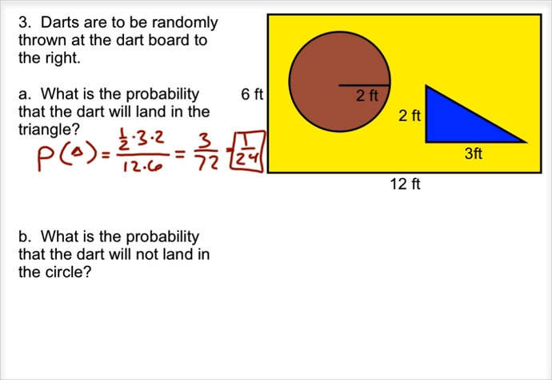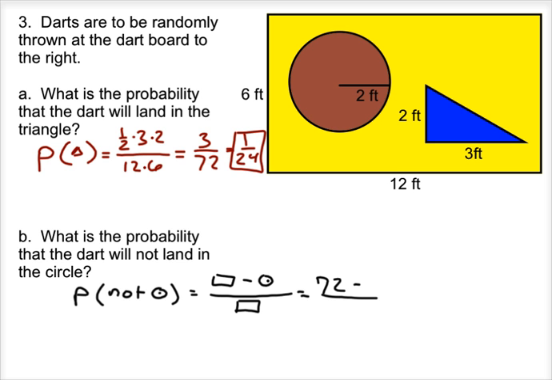Part B, what's the probability that the dart will not land in the circle? I want the area that's not in the circle, so that's the rectangle minus the circle, divided by the total, which is the rectangle. Up above, I already figured out that the area of the rectangle was base times height, 12 times 6, which is 72, minus the area of the circle.